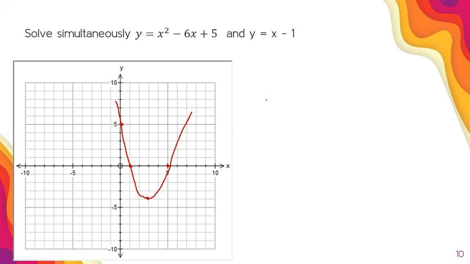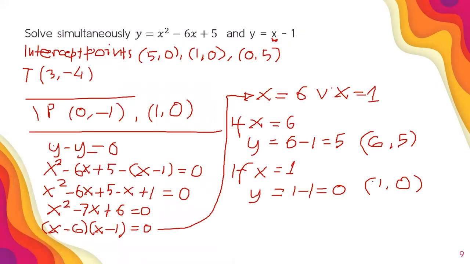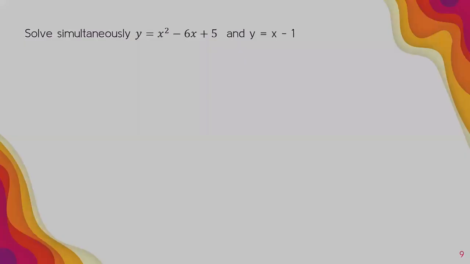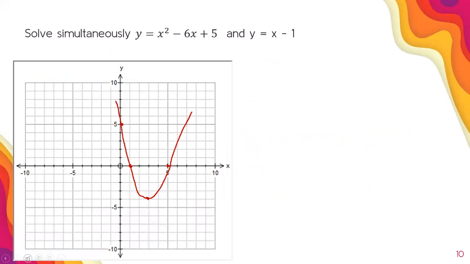Now we're going to draw this one, this straight line. (1, 0). Okay. (1, 0) and (6, 5). (1, 0).